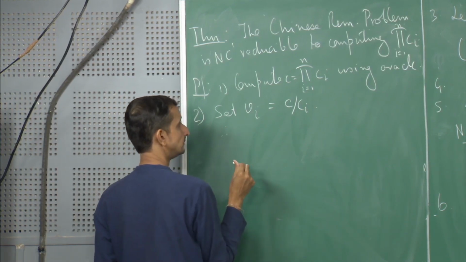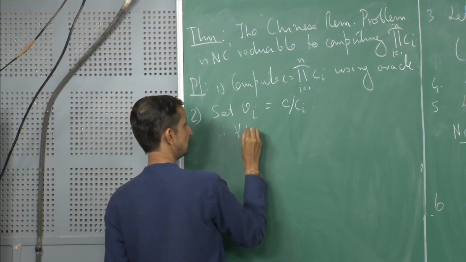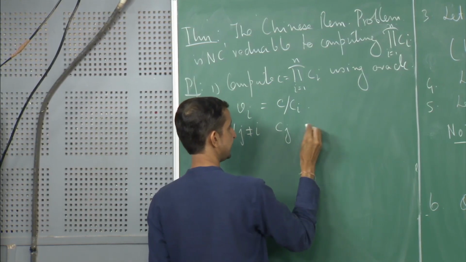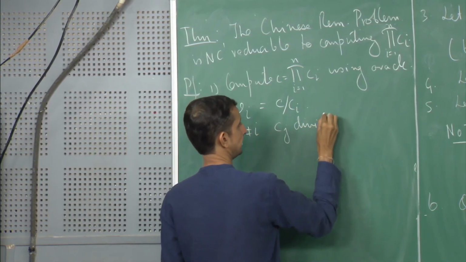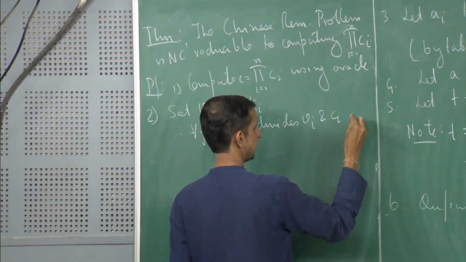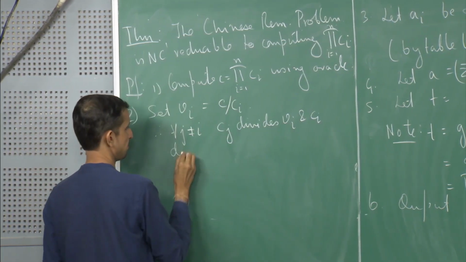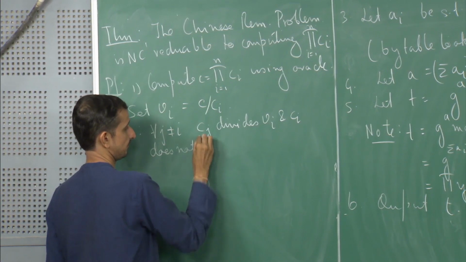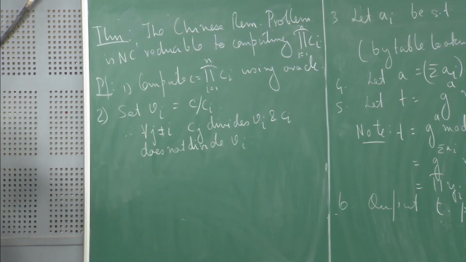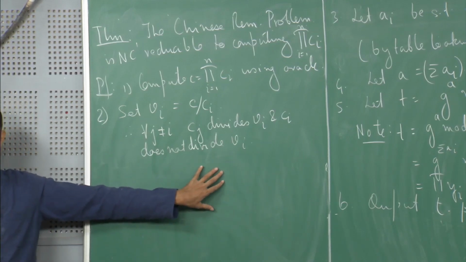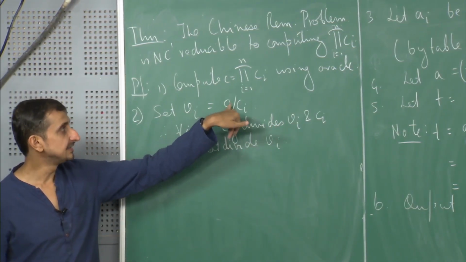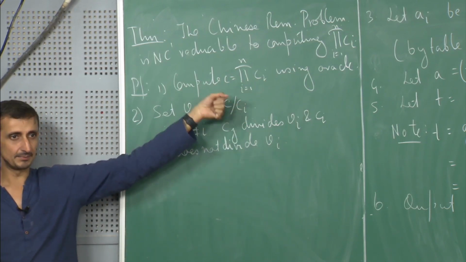Therefore, for all j not equal to i, Cj divides Vi and Ci does not divide Vi. Why can we say that Ci does not divide Vi? Cj divides Vi is clear because C is the product of all the other Cj's, so they must be dividing this.